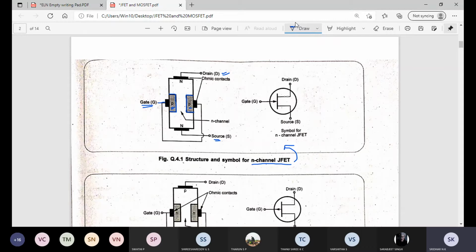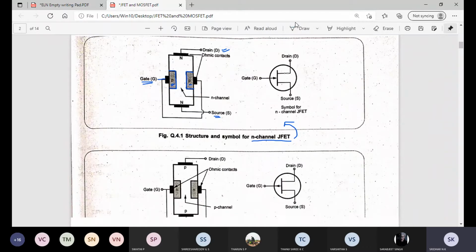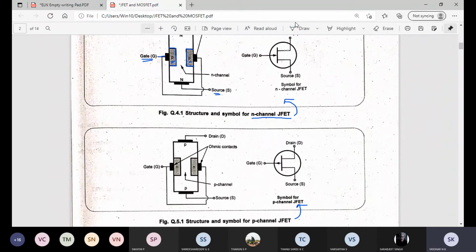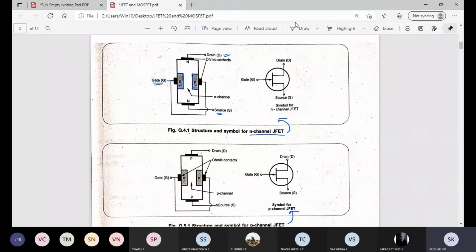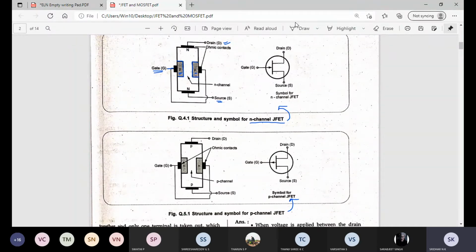If you look at the P channel JFET, the bottom one, it is almost similar, except the channel should be P type. So the first material will be P type semiconductor.